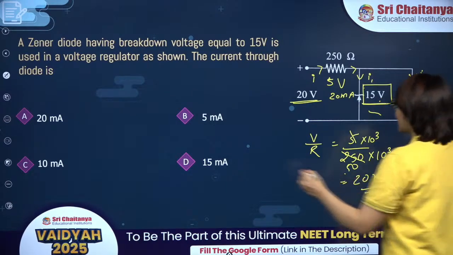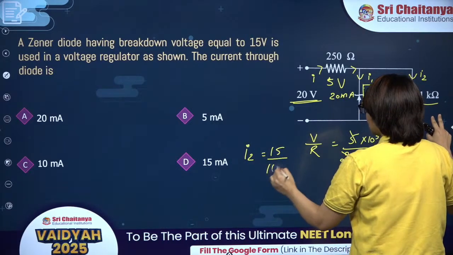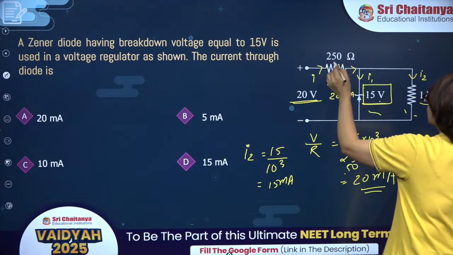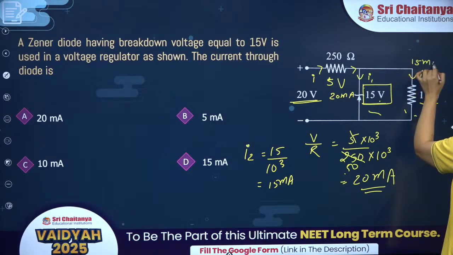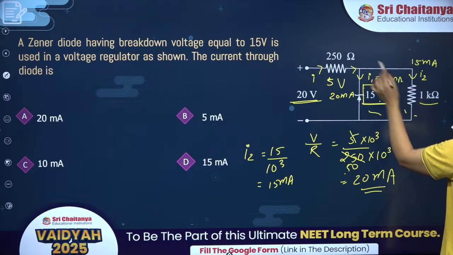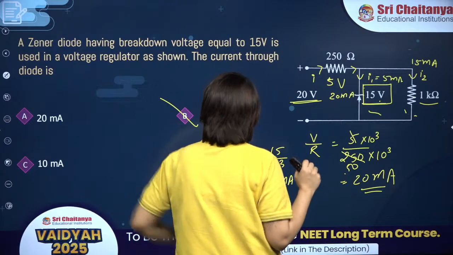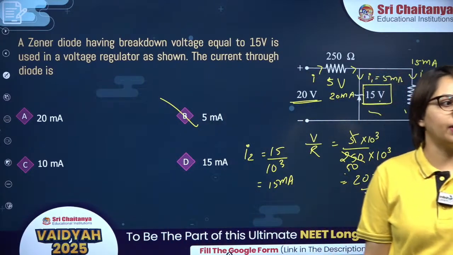So in this case, I2 will be 15 divided by 1 kilo ohm, which is 15 milliampere. So we are getting total 20 milliampere. Out of this 20 milliampere, 15 milliampere is going through 1 kilo ohm. So remaining 5 milliampere will pass through this Zener diode, right? So correct answer is option B. Well done, beta, well done.